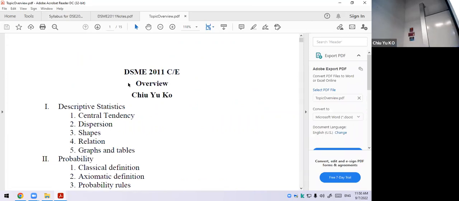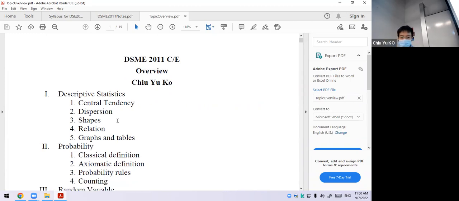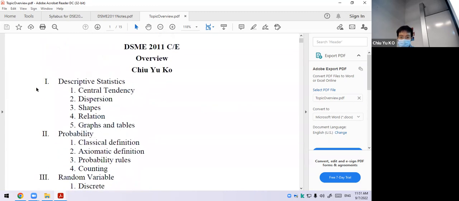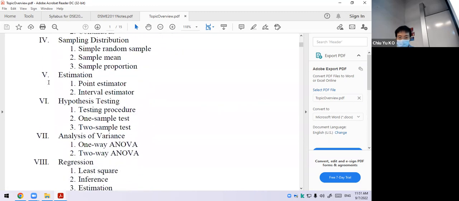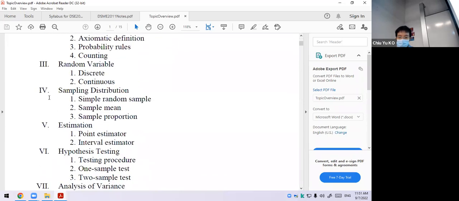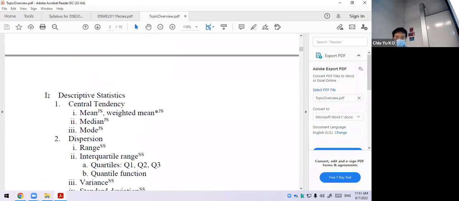This is to make sure you know that our class has a lot of material, but most of it you have learned, right? You can see we have topics 1, 2, 3, 4, 5, 6, 7, 8. If you go down and look at the detail, I put a superscript JS, which means you learned it in junior school.